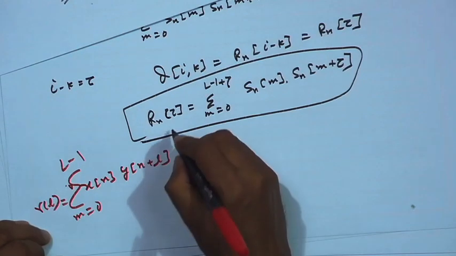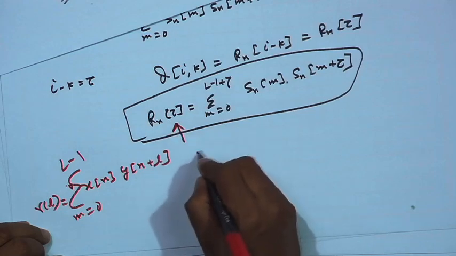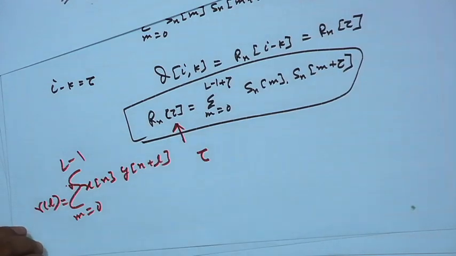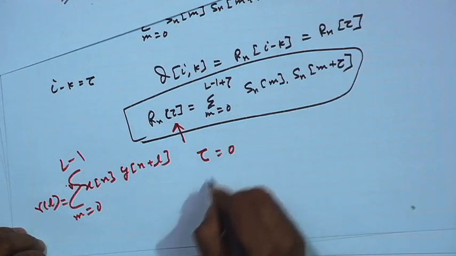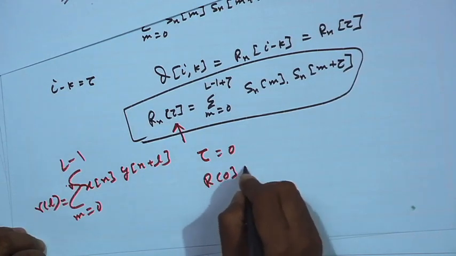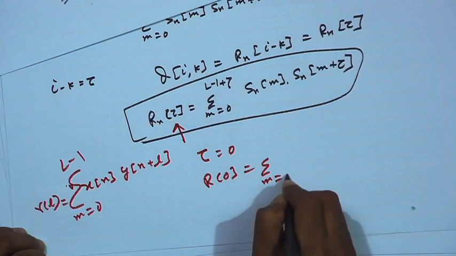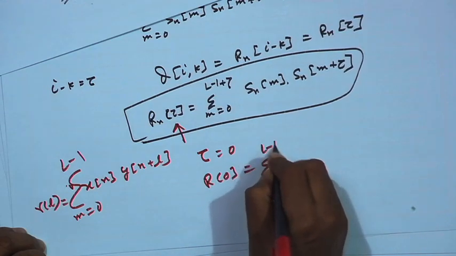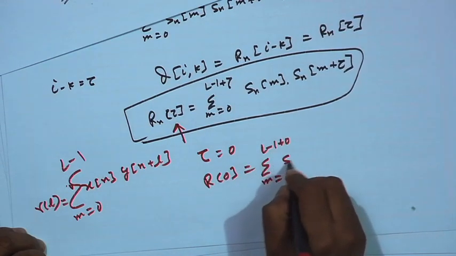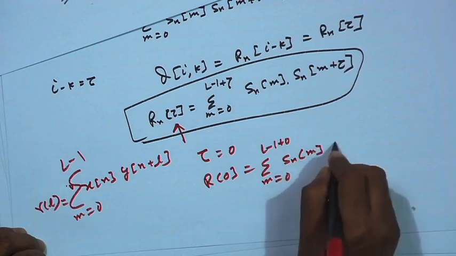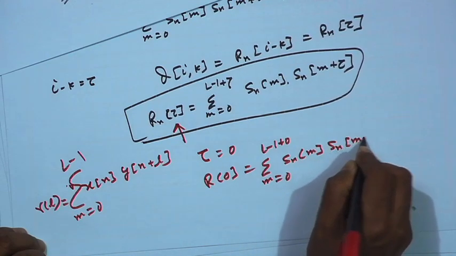So, I can say this is the correlation of tau. If tau equals 0, then R(0) is equal to the sum over m equal to 0 to L minus 1 of s(n) s(m plus tau).